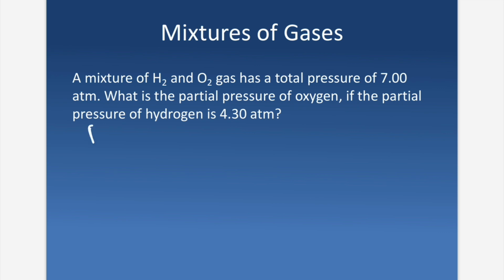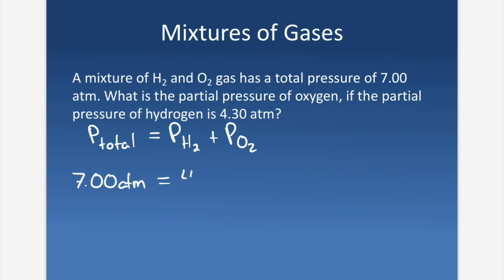Well, remember, according to Dalton's law of partial pressures, the total pressure of the gas in this case is going to be equal to the pressure of hydrogen plus the pressure of oxygen. We know that our total pressure is 7.00 atmospheres, and we know the partial pressure of hydrogen is 4.03 atmospheres. So to figure out the partial pressure of oxygen, we're just going to have to do some basic subtraction.